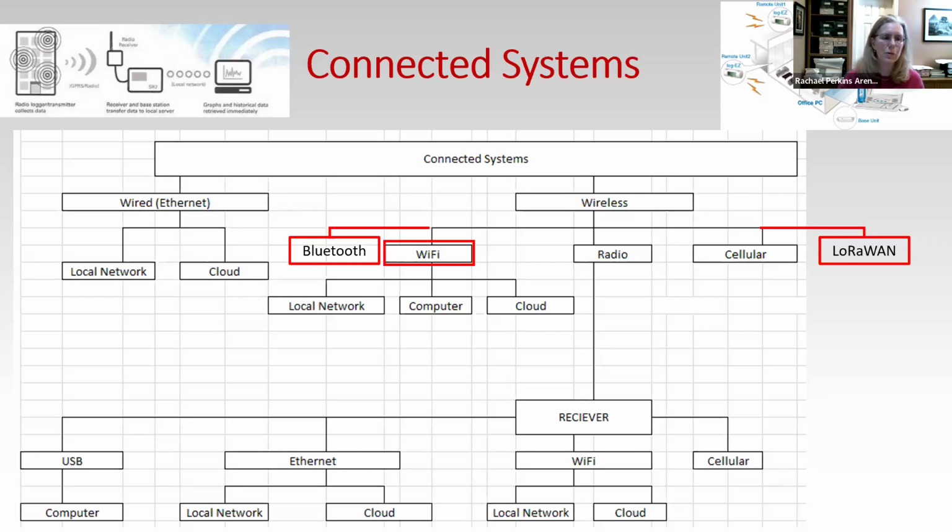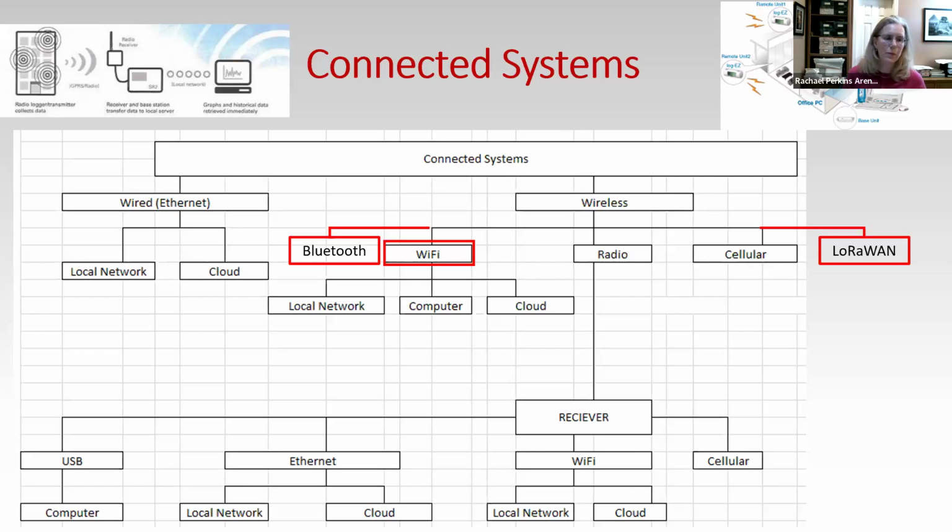With connected systems, we're talking about those that communicate with a network and sometimes each other, which is often called a mesh system. They can transmit the data in various ways: Wi-Fi, radio, cellular, or wiring. All of that information can go back to a specific computer, to a network, or up to the cloud. And generally that communication is two ways.